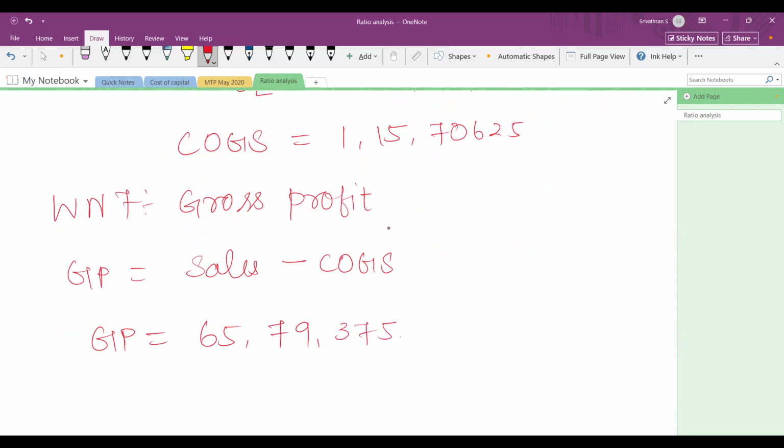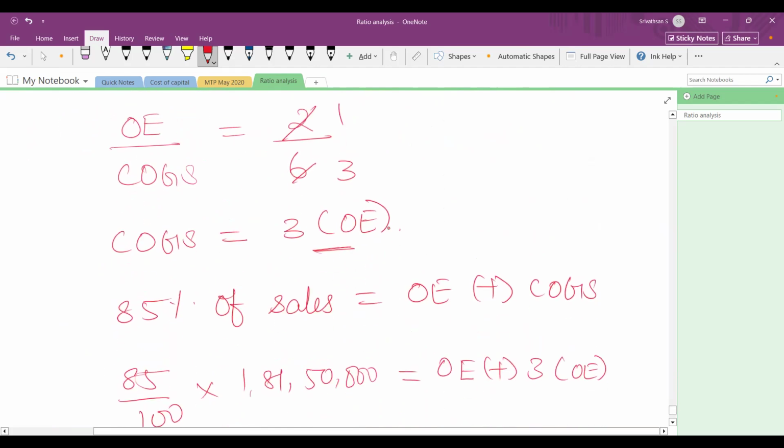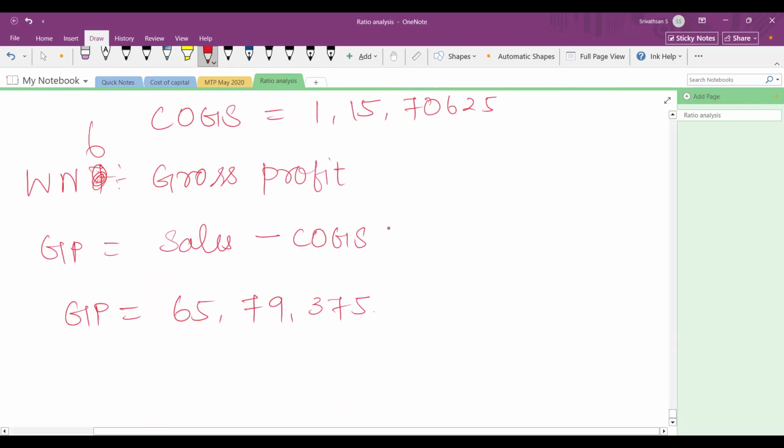Clear? That is a requirement, working note I'm doing. Gross profit. No, sorry, this is 6 actually. Sorry.